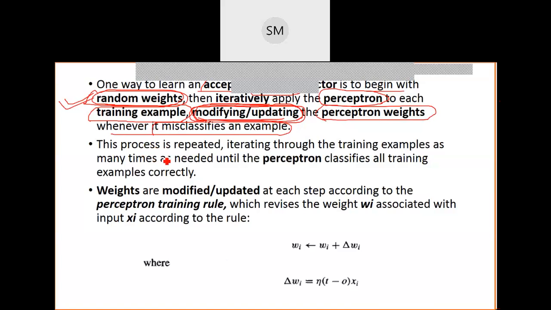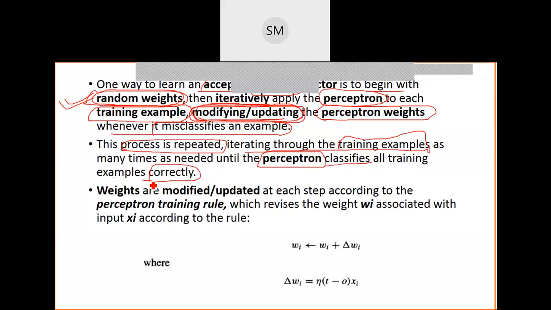So this process is repeated. These three steps are repeated again and again, iterating through the training examples. It means that for each and every training example we apply this, as many times as needed, until the perceptron is able to classify our training examples correctly.